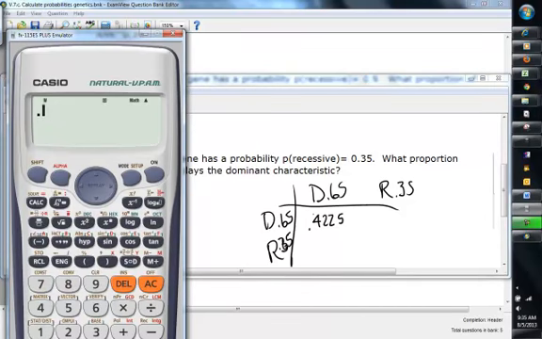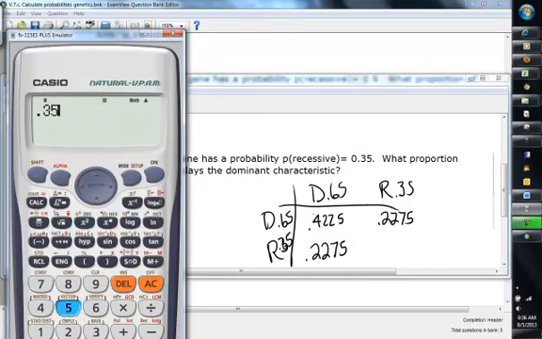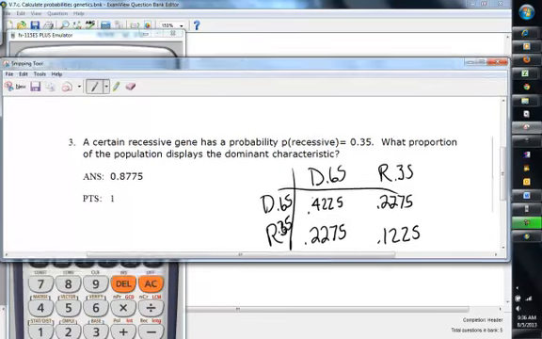0.35 times 0.65 is 0.2275, which would be the same thing for down here. And then 0.35 squared is 0.1225.